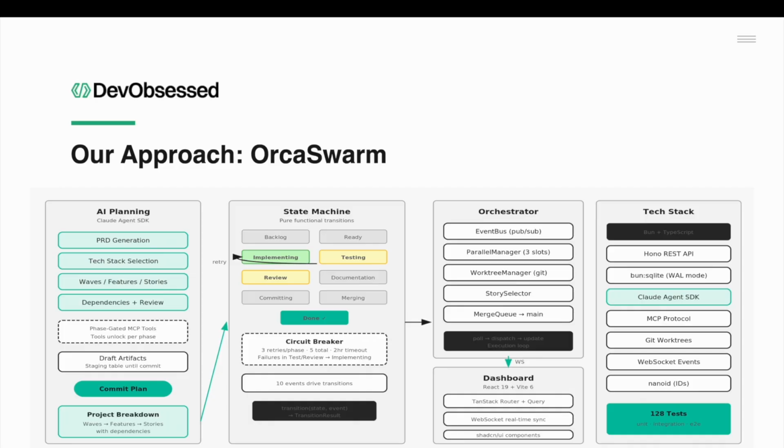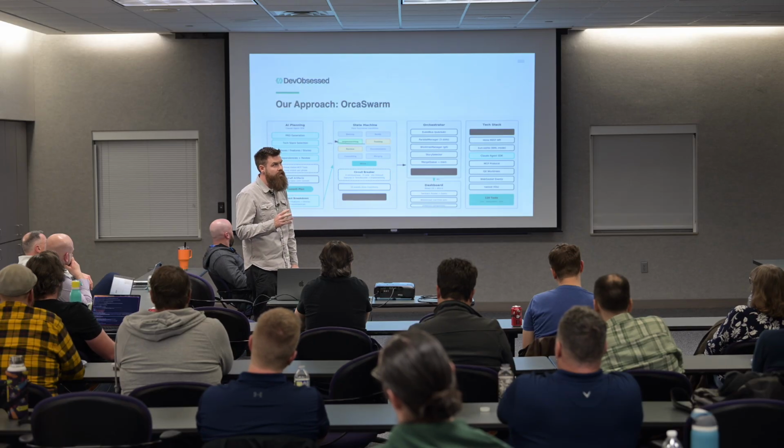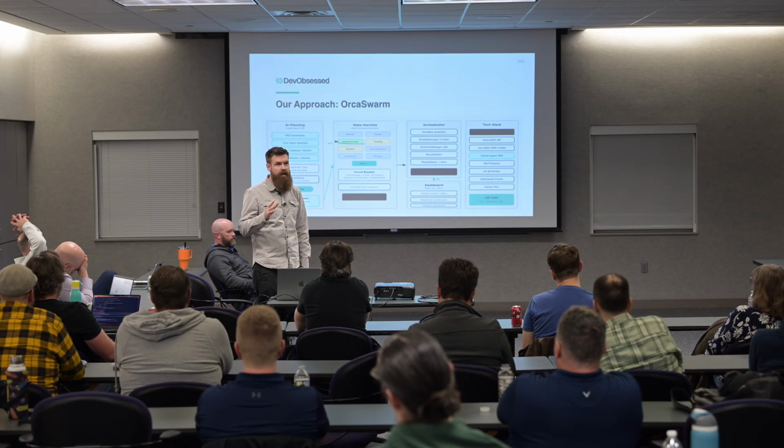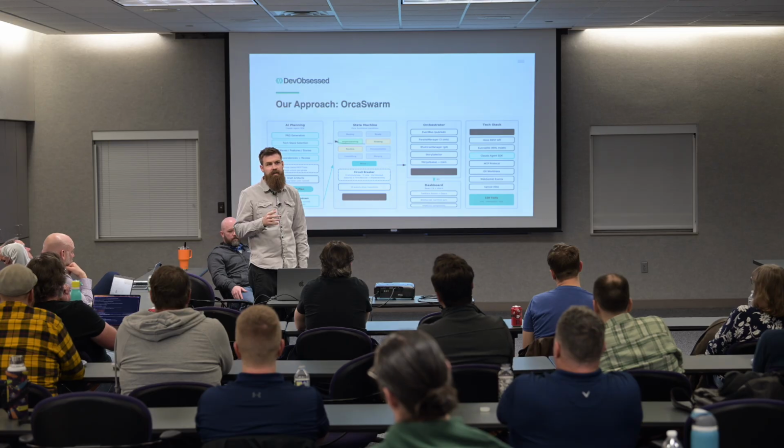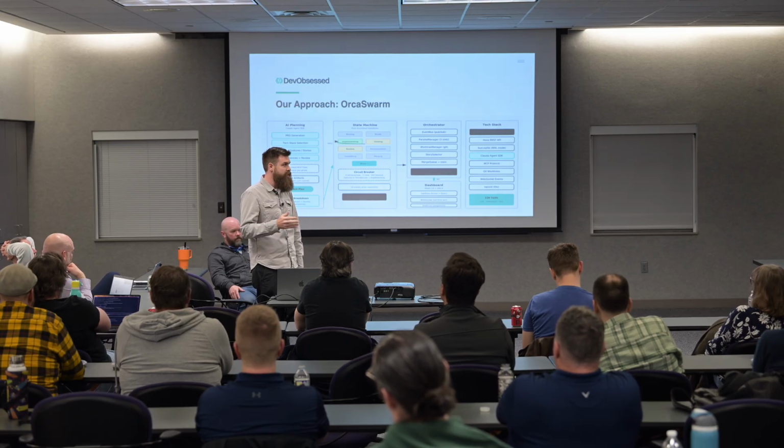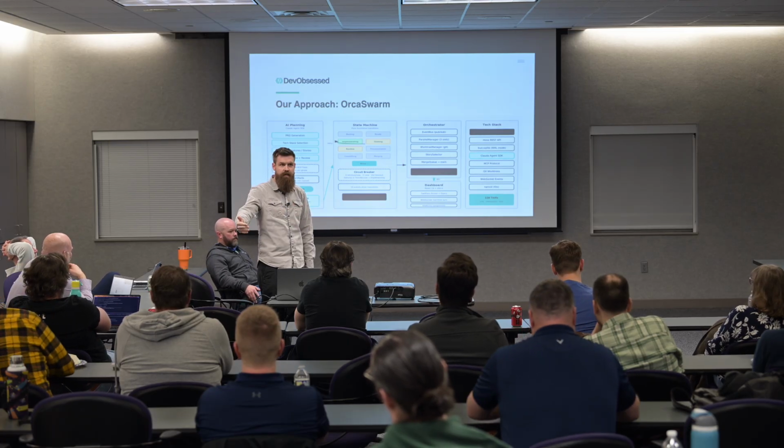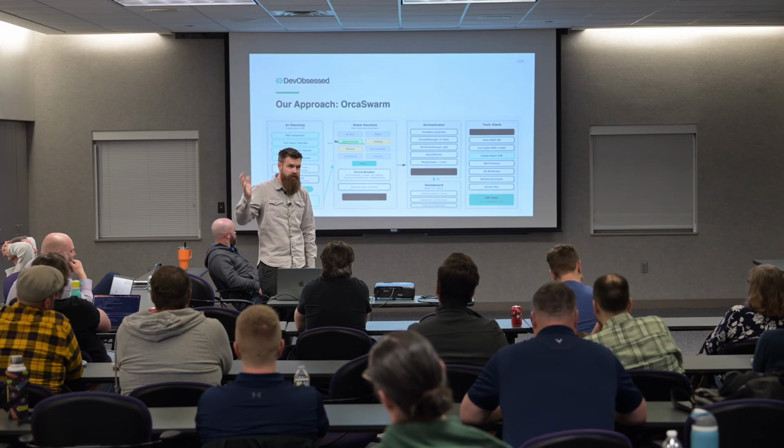Okay, so this is an architecture of how we thought Orcaswarm should be made. Now, we made this before Claude agent teams and their memory system, so we're actually going to start removing some of this. But effectively, the most important part of this is the AI planning. If your specs are not aligned with what you want the LLM to build, it will make so many assumptions that by the end of the project, you'll have something you didn't want.